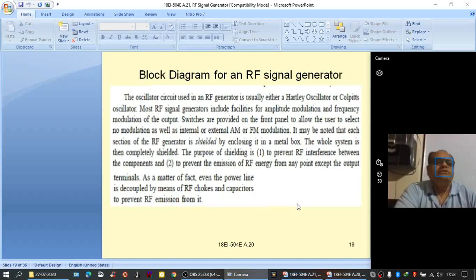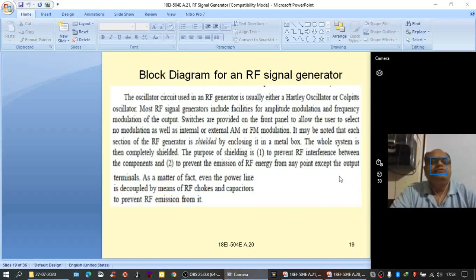The component values would also change because most of the inductive and capacitive components, their impedances or reactances, change with frequency. So obviously there should be a shield to prevent radio frequency interference between components, and then to prevent the emission of radio frequency energy from any point except the output.